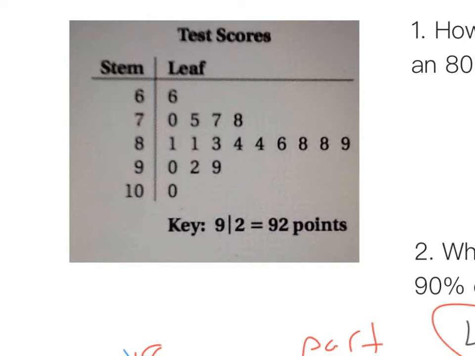So what I would say is that there's very few low scores and there's very few high scores. Most of our scores are kind of right here in the middle, concentrated in the 80s. You can describe that in a number of ways, but that's just kind of what we're seeing. And the stem and leaf plot helps us to visually see that sort of as a curve.